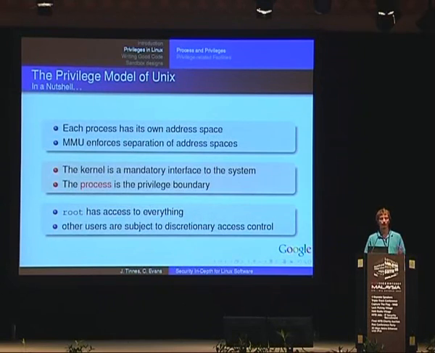In this model, the kernel is a mandatory interface to the system from the process perspective, and the process is really the privilege boundary. Usually you associate a privilege with a process. Also, something worth mentioning in the standard Unix security model is that root has access to everything, and other users are subject to discretionary access control.